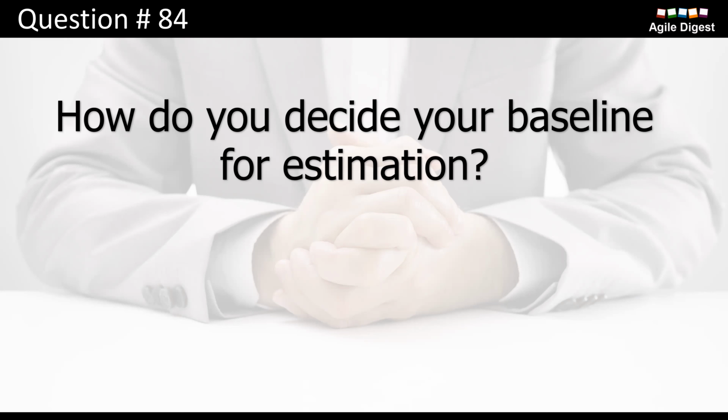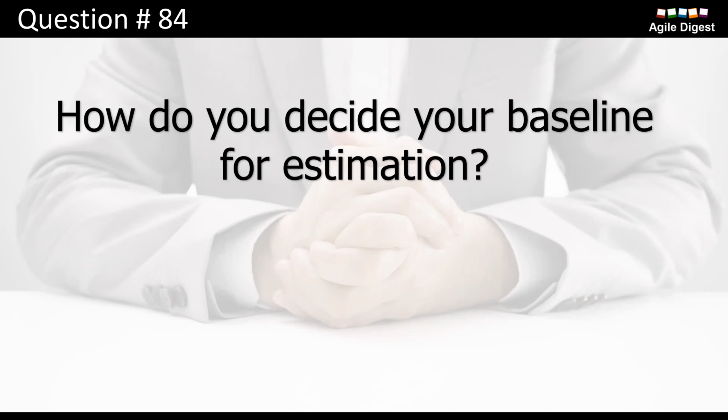For the baseline story, you can mention that when we do a story point estimation for the first time, the first thing we do is identify what stories we have, then select the smallest story, estimate it as 2 and make that our baseline.